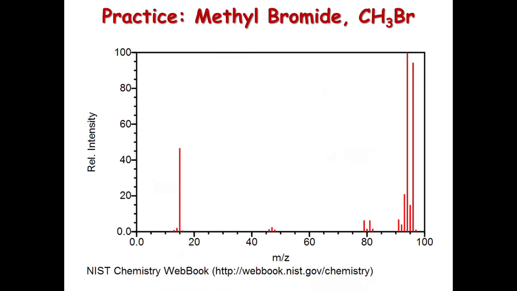Now, if we look at methyl bromide, you see the chart. And so the tall peaks would correspond to CH3Br. When we look back at the peak between 0 and 20, that's probably going to be CH3+.